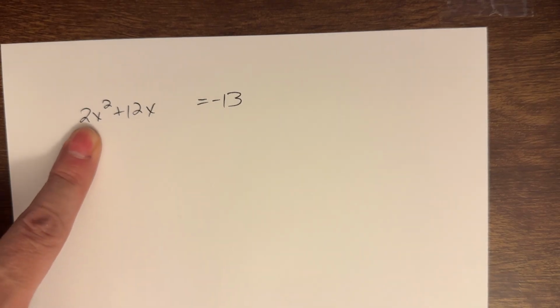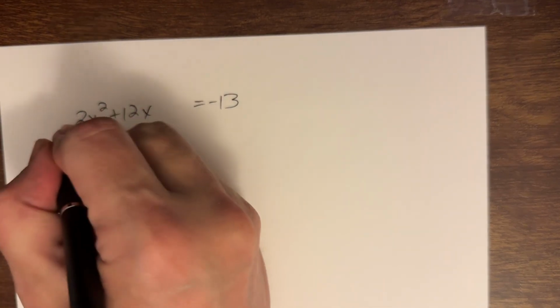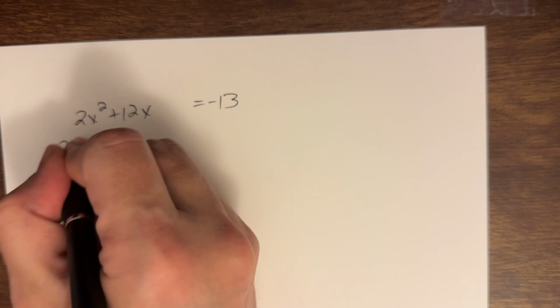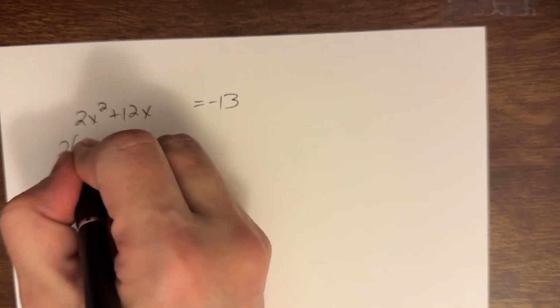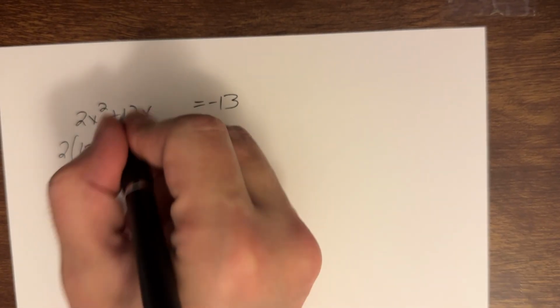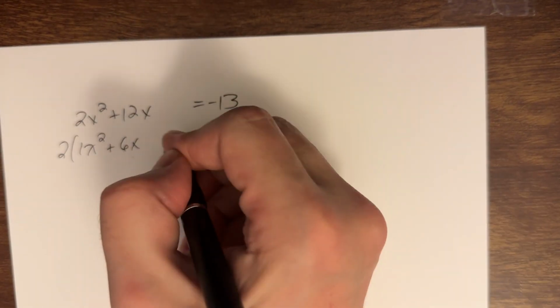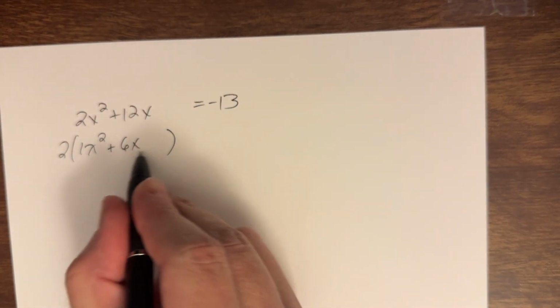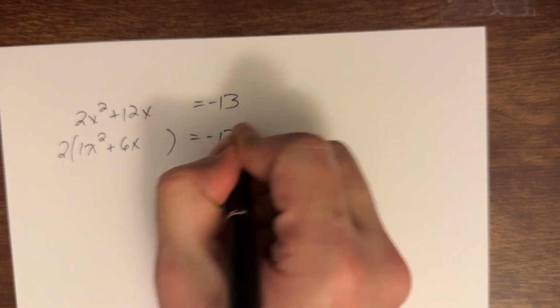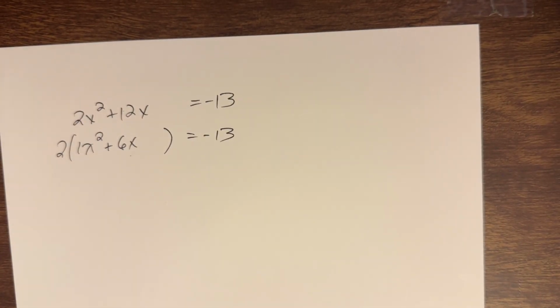This does not have a 1. So what you would do, you would factor whatever that is out. I take a 2 out, now I've got a 1x squared. I still have to take the 2 out of this, that gives me a 6x. And now I'll leave some space inside the parentheses.